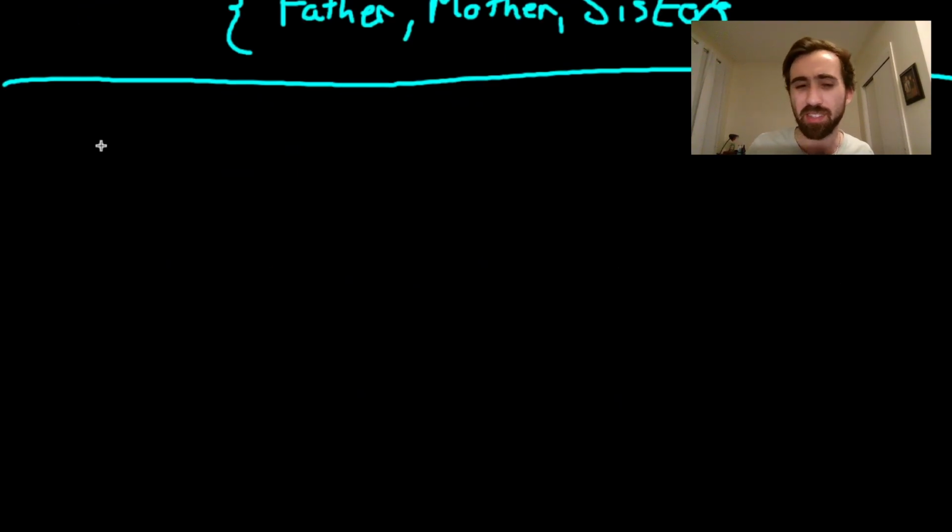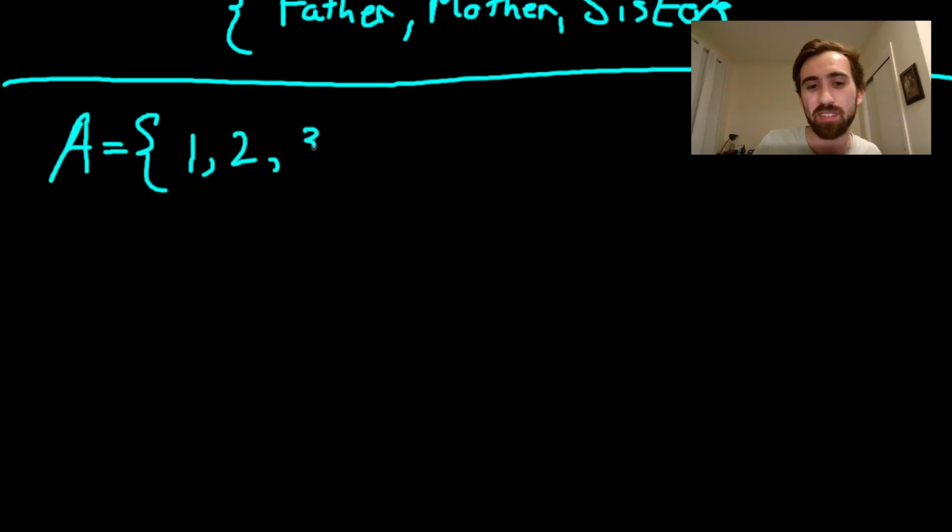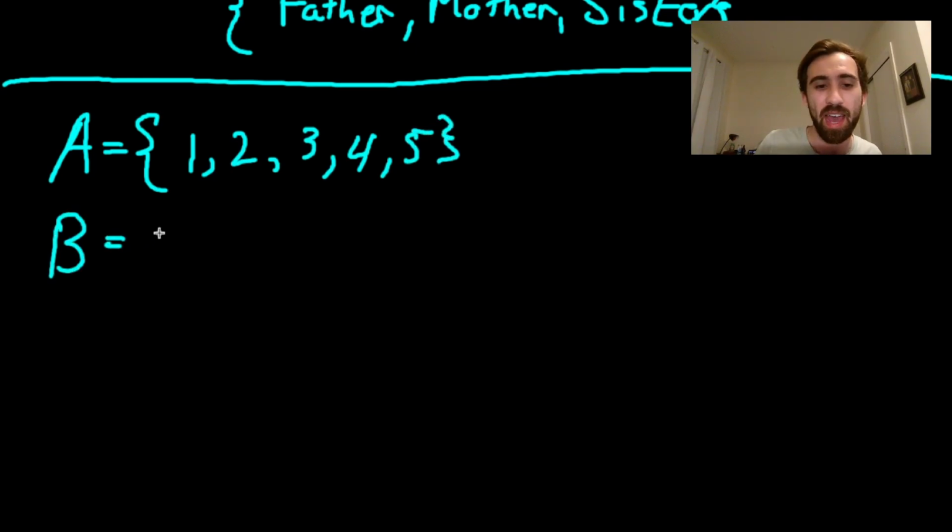Now that we have sets, sometimes we can even relate sets together. So suppose I have a set A, which from before we said is the set 1, 2, 3, 4, 5. And for example, let's just say I have the set B, which is equal to 1, 2.